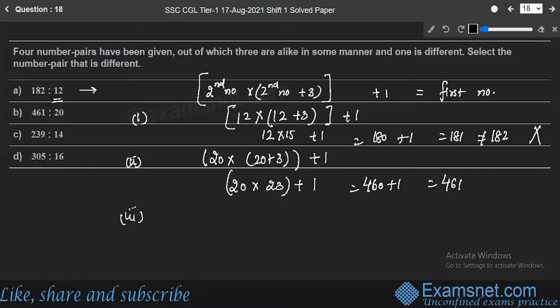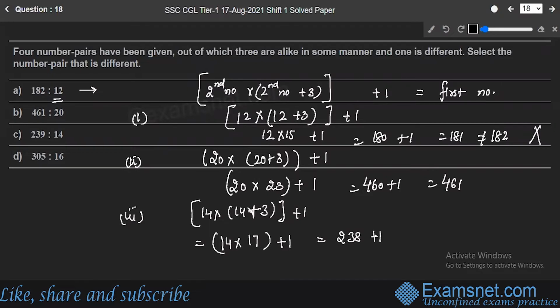Third one, it's 14 multiplied by 14 plus 3. This whole, then you are adding 1 to. This gives you 14 into 17 plus 1. 14 into 17 is 238, plus 1 gives you 239. So even this is correct. The second one is also correct.